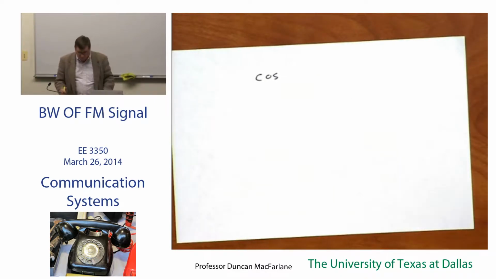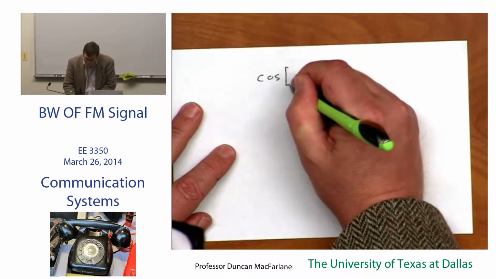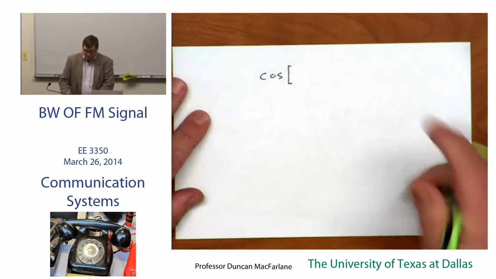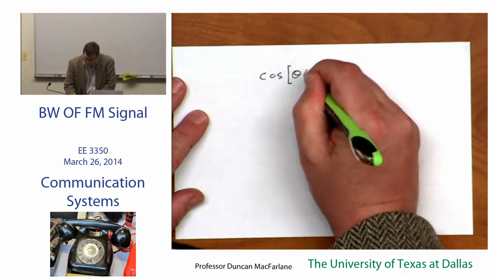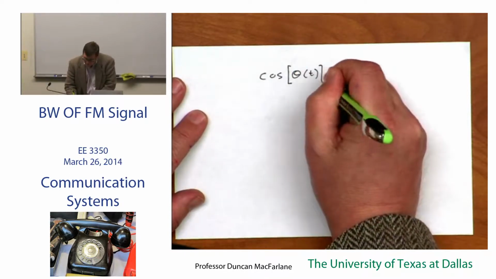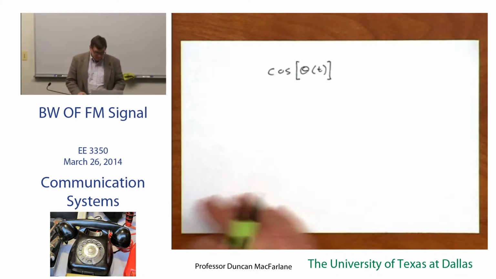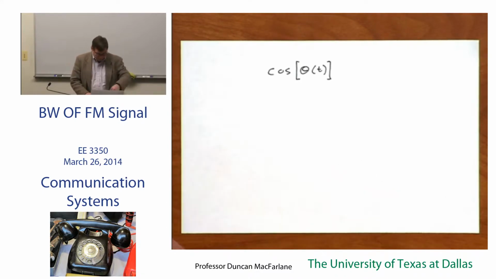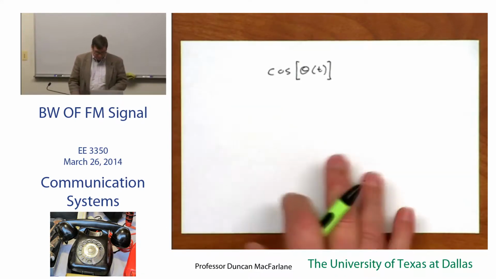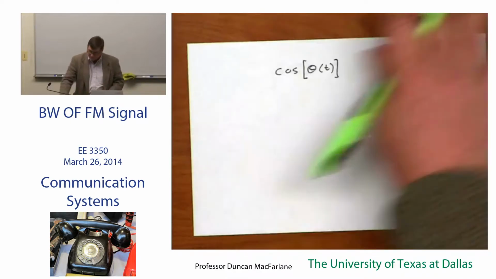For the exponential or angle modulation, what goes on inside the cosine carries the information. Let's do the easier one first.